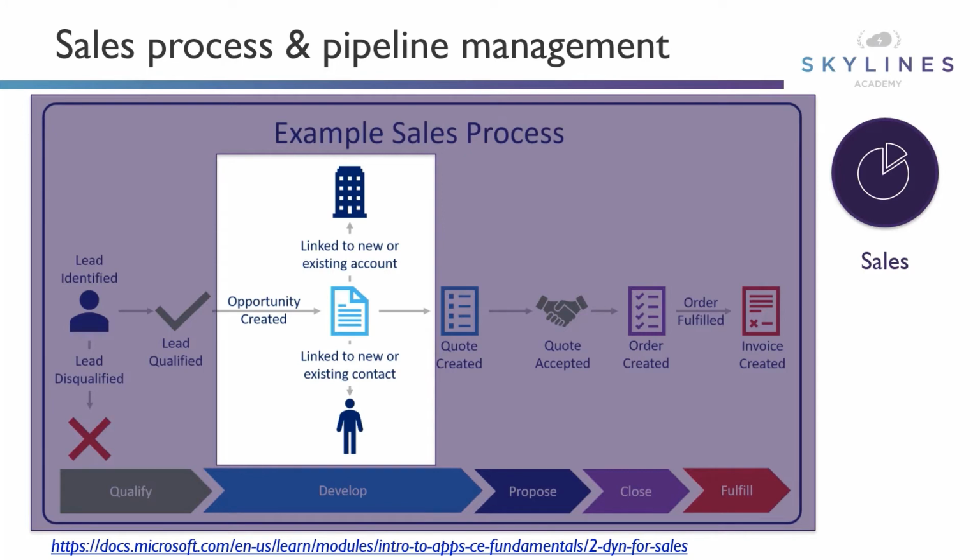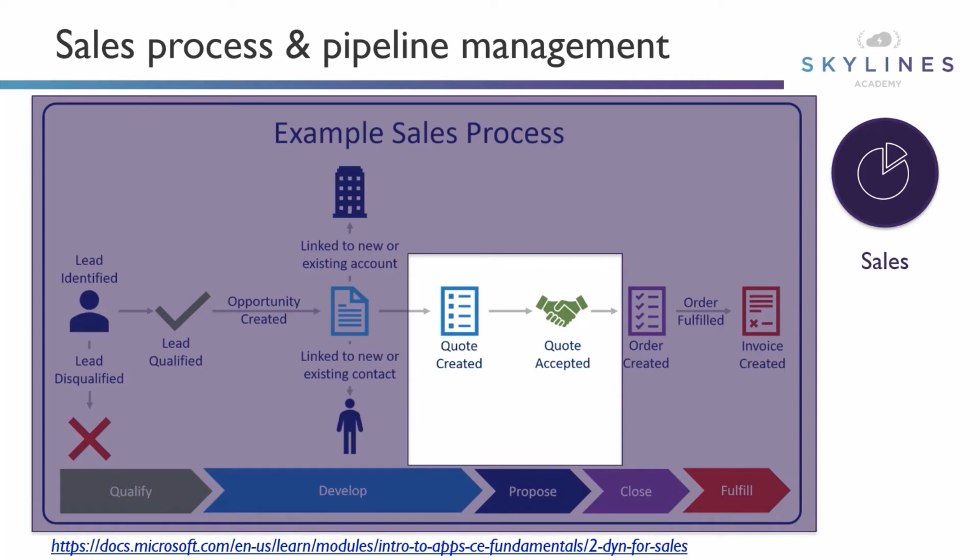Once an opportunity is created, additional details can be added to the record. This can be information on products and services the customer is interested in, the estimated revenue for the opportunity, and possibly sales timelines. Once the opportunity is finalized and a proposal is ready to deliver to the customer, a quote is generated directly from the opportunity record, and this represents a formal offer to the customer.